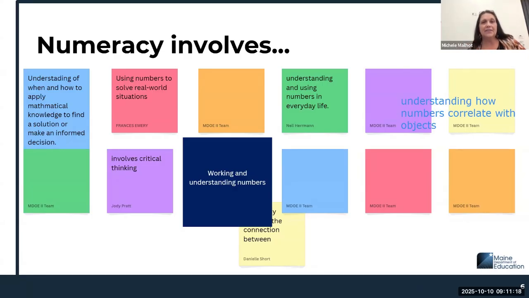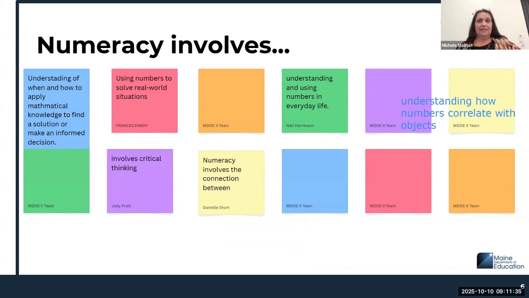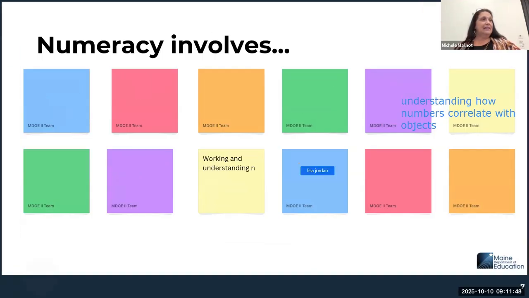We don't all have to be on the first slide. There are a total of 3, so plenty of room to add your Post-it notes. Once you have completed numeracy involves, continue through the deck.